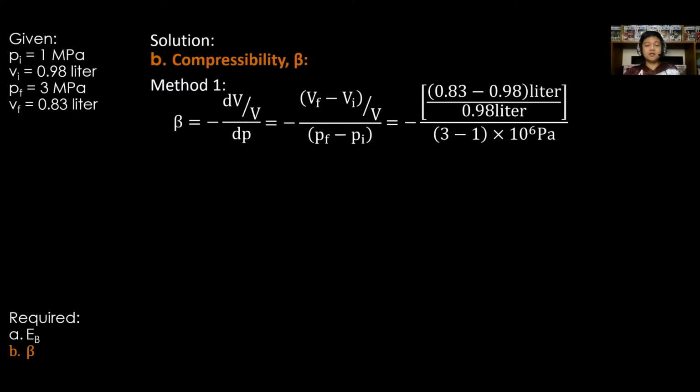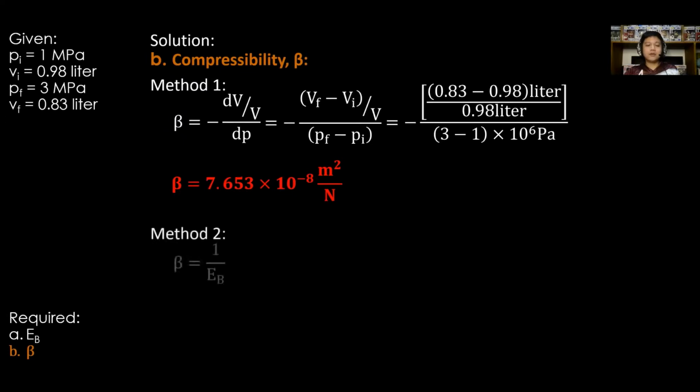Since we are dealing with compressibility, let us consider mega as times 10 raised to 6 pascal. Thus, beta, or compressibility, is equal to 7.653 times 10 raised to negative 8 square meter per newton. So again, the liquid is ideally incompressible. Thus, the value of beta is very, very low.